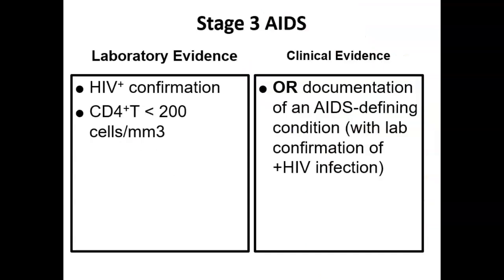Then eventually, if we don't keep the person's CD4 count up, this is an or statement, right? The person has a CD4 count less than 200 or documentation of the AIDS defining conditions. And at that point, the person is said to have AIDS.